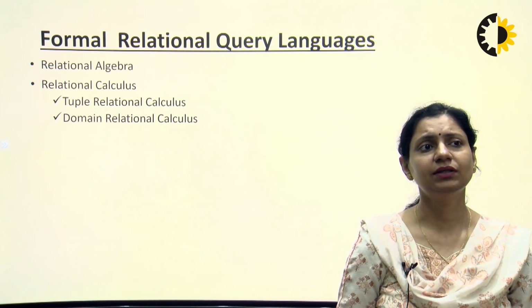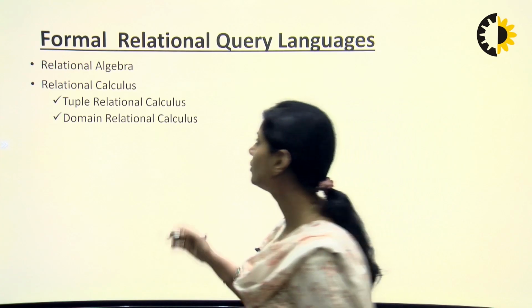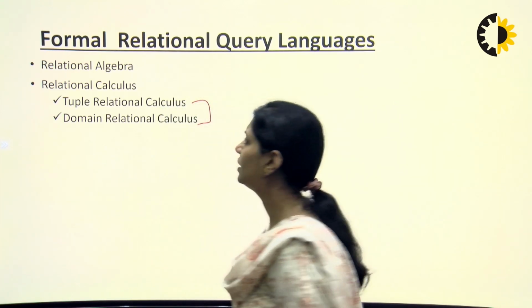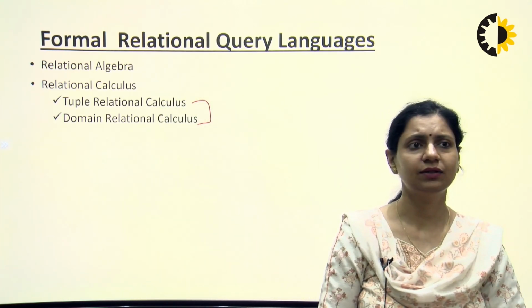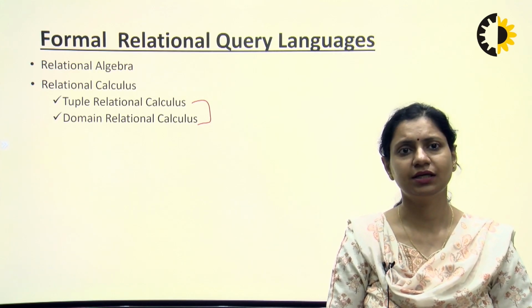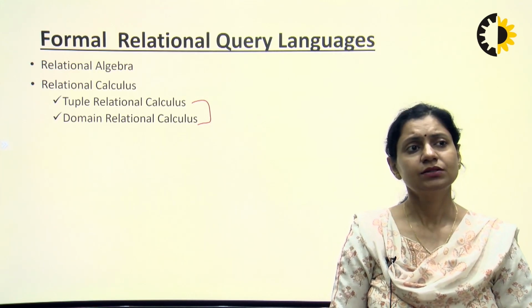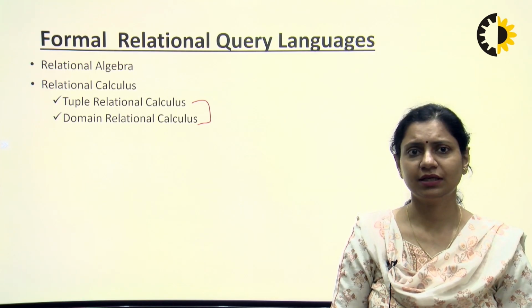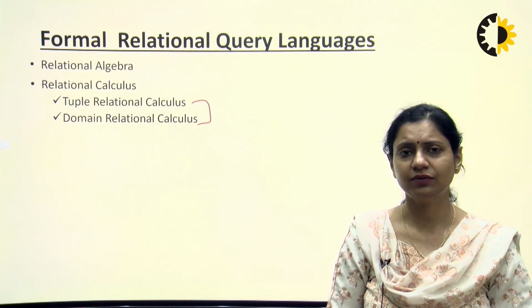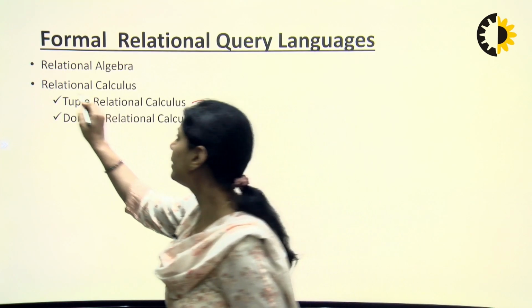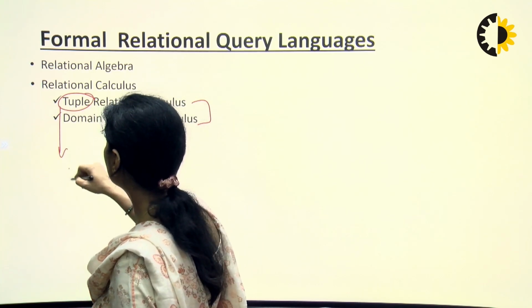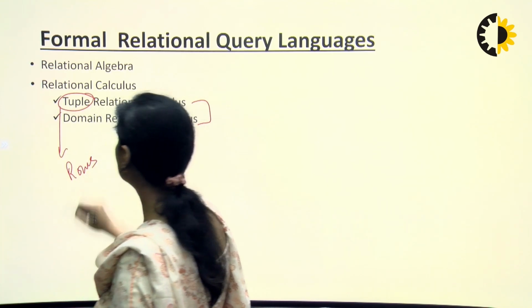When we talk about the relational calculus, we talk about two types of calculus, that are the tuple relational calculus and the domain relational calculus. When we talk about the tuple relational calculus, as the name suggests, tuple here means we are talking about the rows.